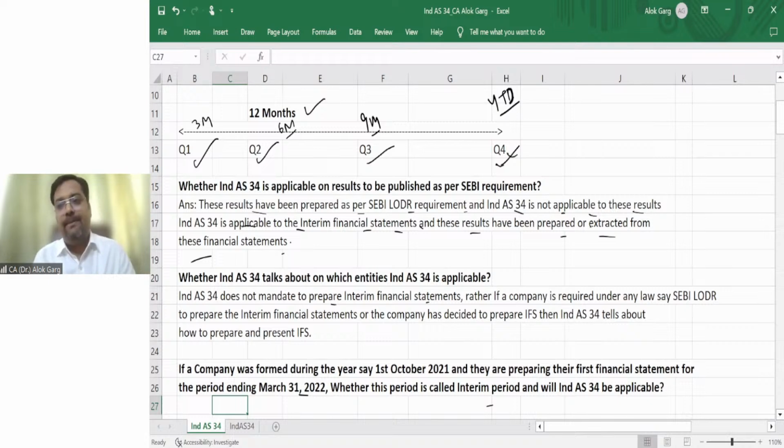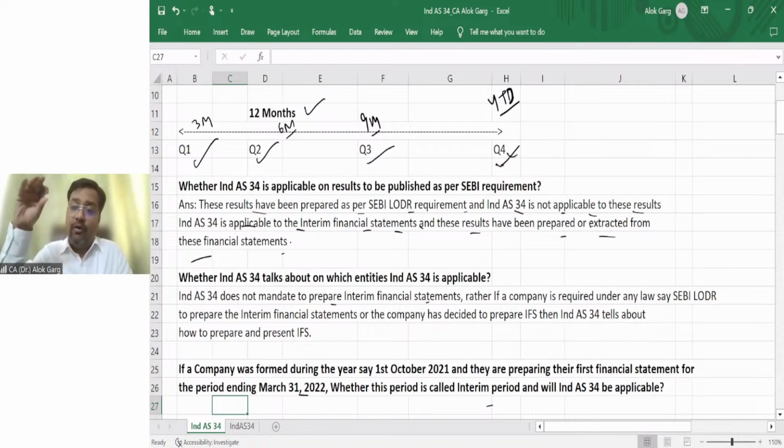Is that clear? For example, if SEBI asks that you need to file your net worth, your total of current assets, total of current liabilities, your solvency ratios, your profitability ratios on a quarterly basis, let's say, right?